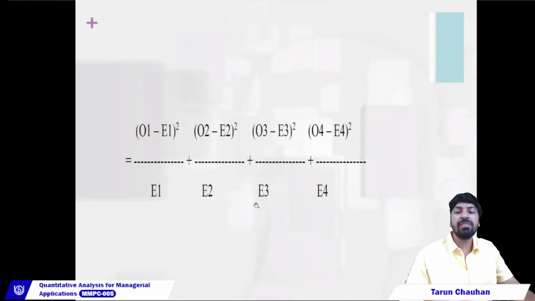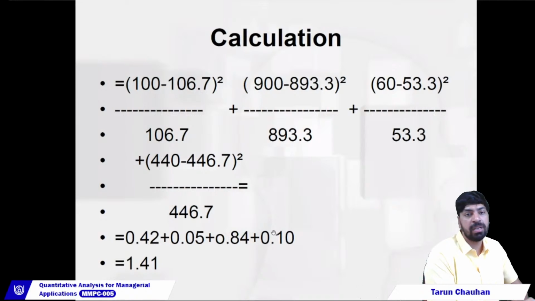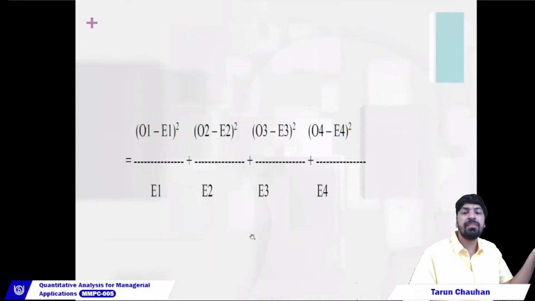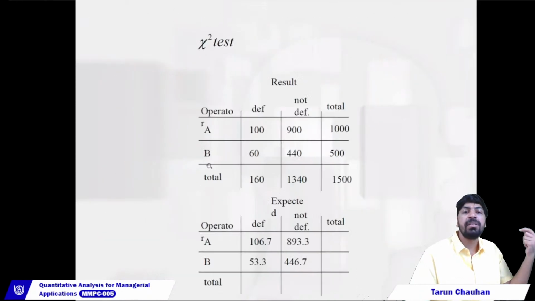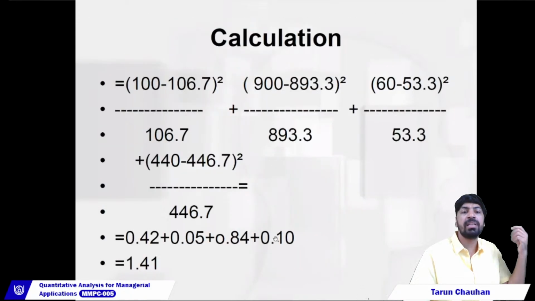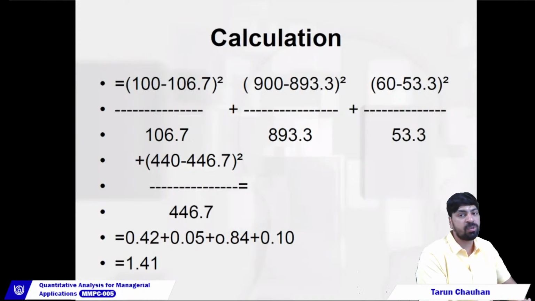You use this formula in every question related to rows and columns. So these values have been calculated. If you see the earlier table, this is 100 minus 106.7, 60 minus 53.3, and the calculations are also given. 100 minus 106.7 whole square by expected frequency.